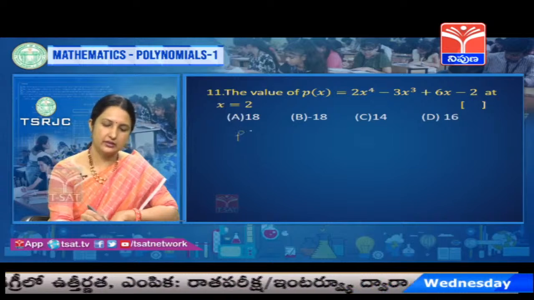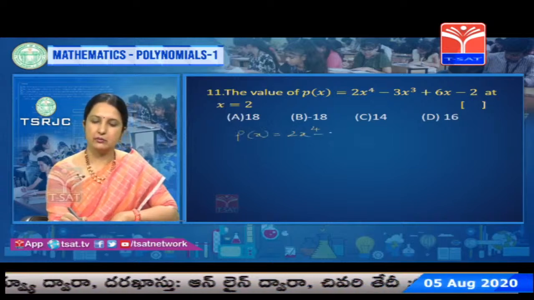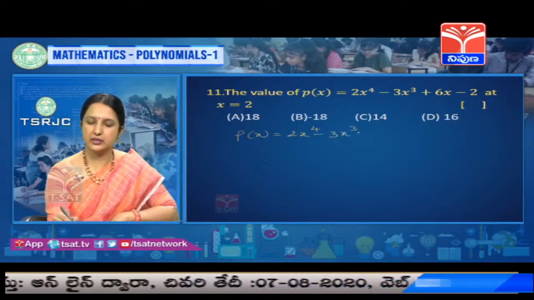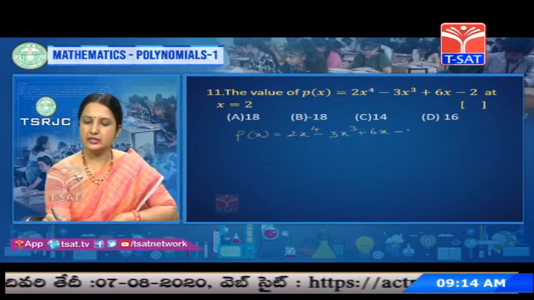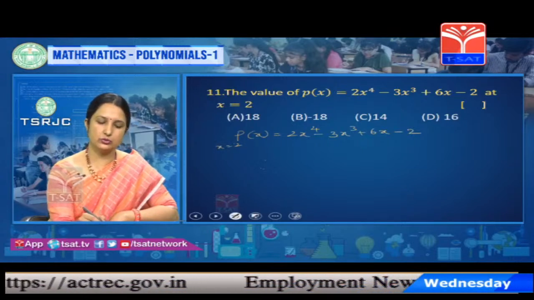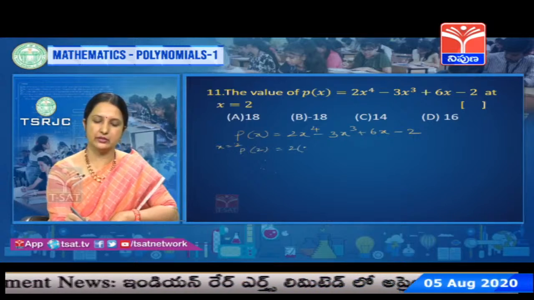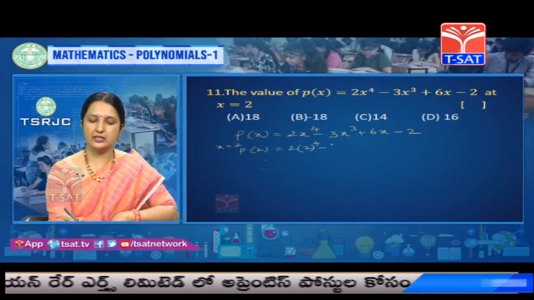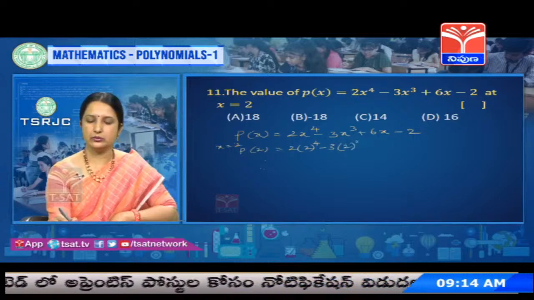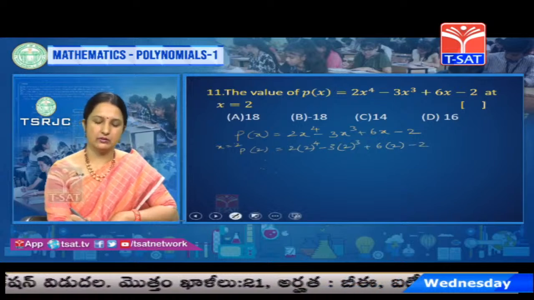First, you write P of x equals 2x power 4 minus 3x cube plus 6x minus 2. Then substitute the x value, that is 2, in this polynomial. What will we get? P of 2 equals 2 into 2 power 4 minus 3 into 2 cube plus 6 into 2 minus 2.